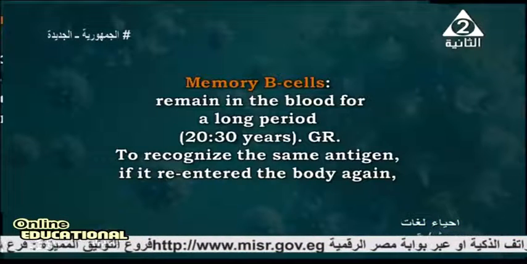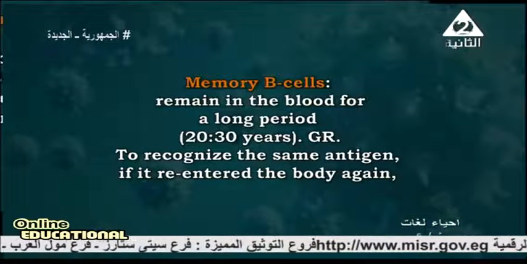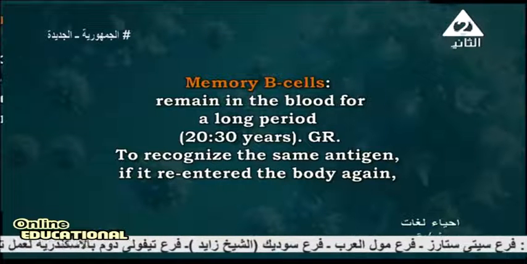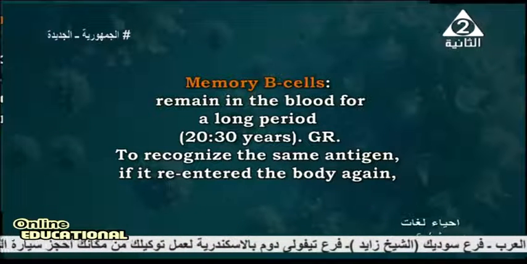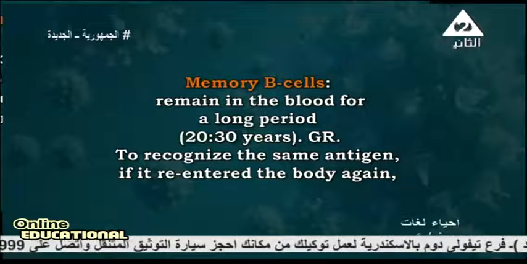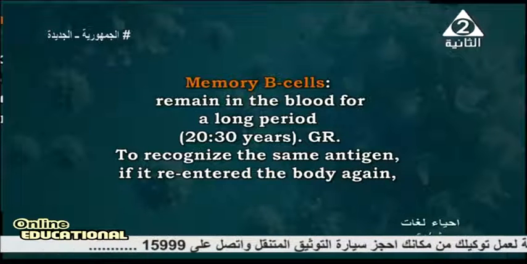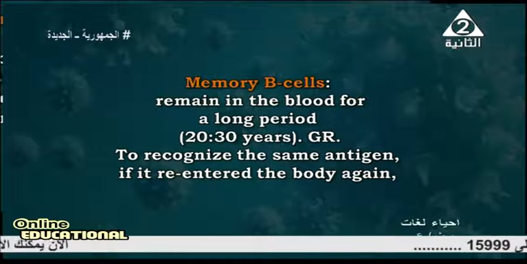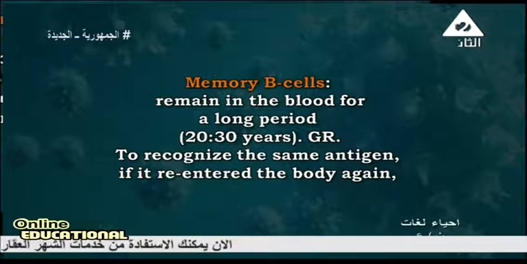Memory B cells remain in the blood for a long period of time, 20 to 30 years. This is to recognize the same antigen if it re-enters, meaning it penetrates the human body again.